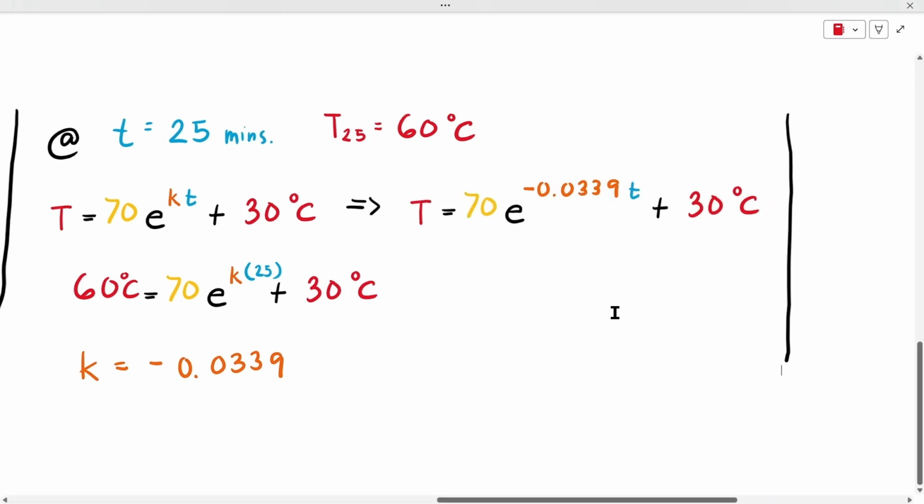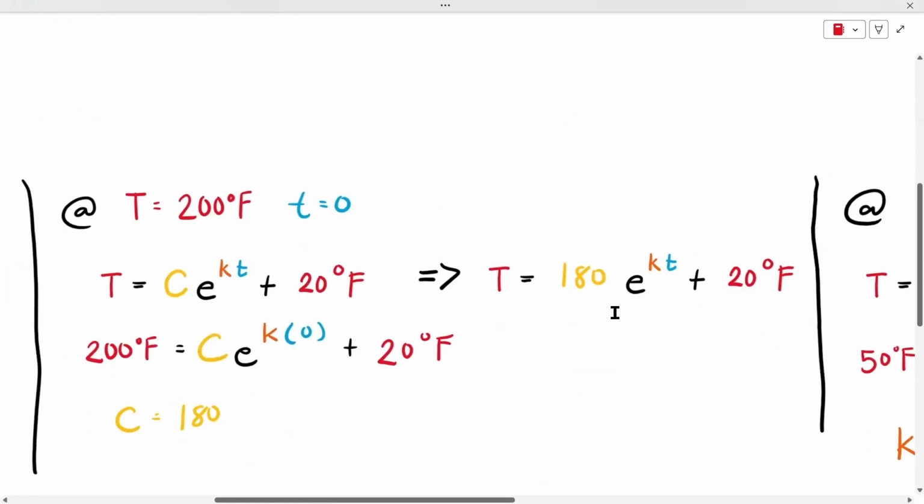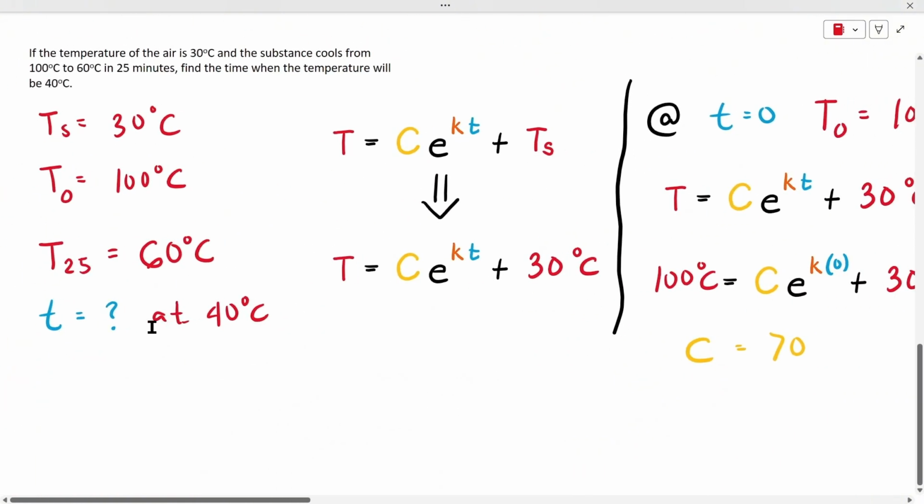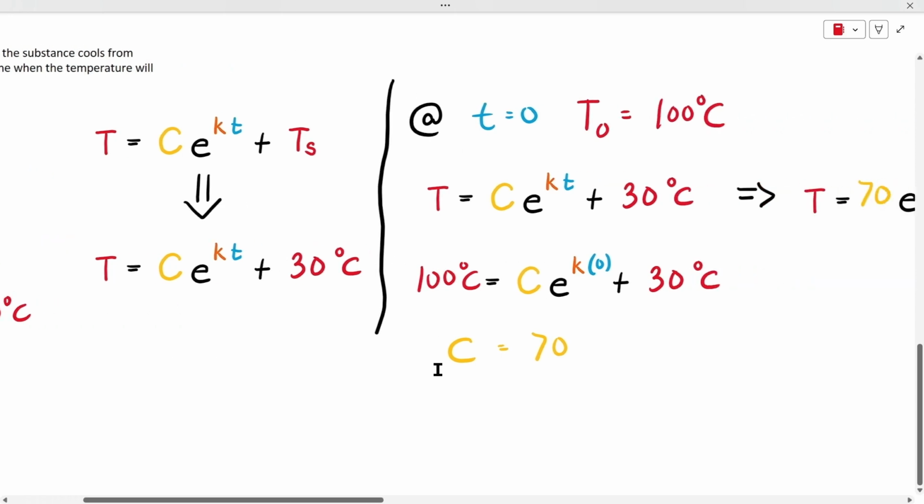Now let's use this equation to solve for the time where the substance is at 40 degrees Celsius.